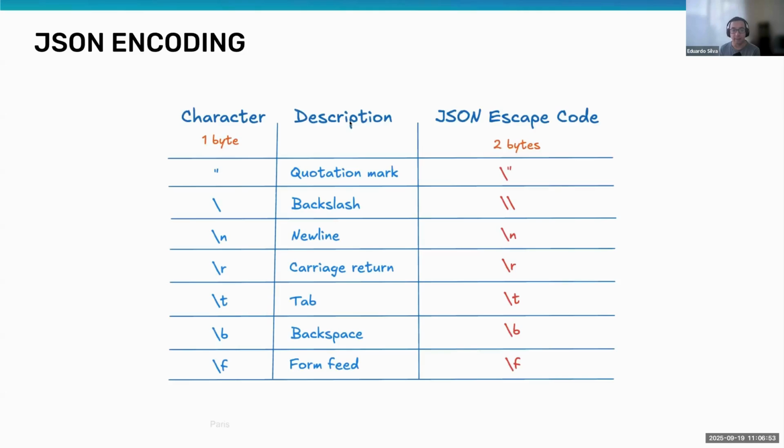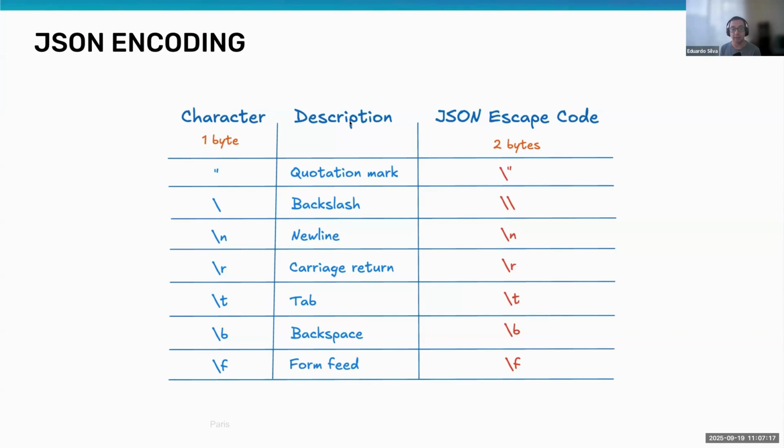So JSON encoding basically is a structure that says, hey, you can have numbers or floating numbers, you can have strings. And when you have special characters, like, for example, a quotation mark or a backslash, that needs what is called escaping. The way that you encode JSON is by doing escaping, right?